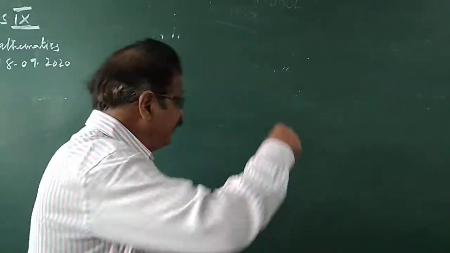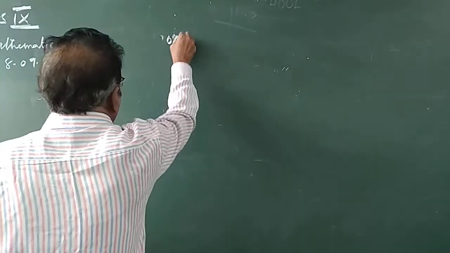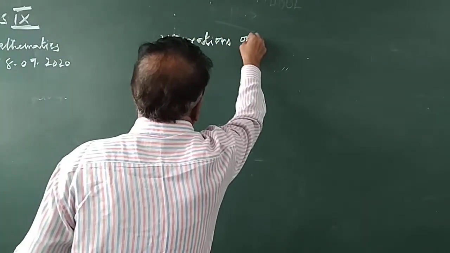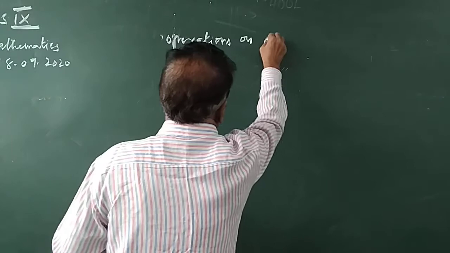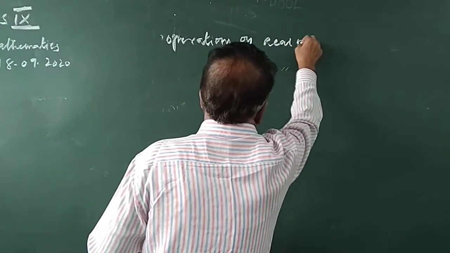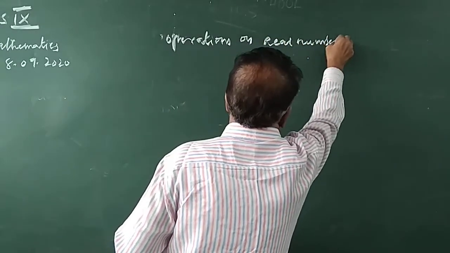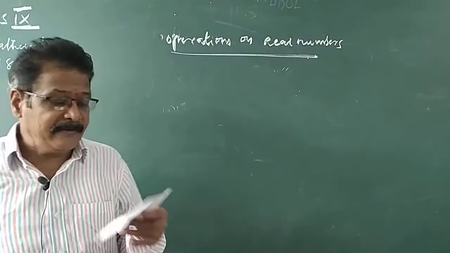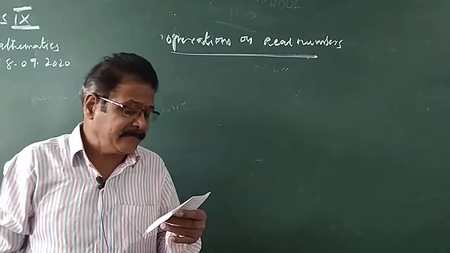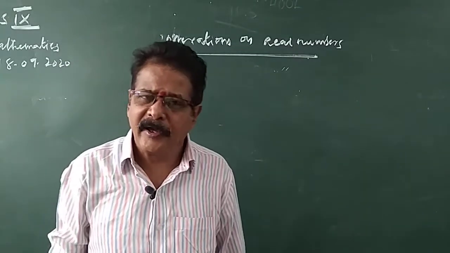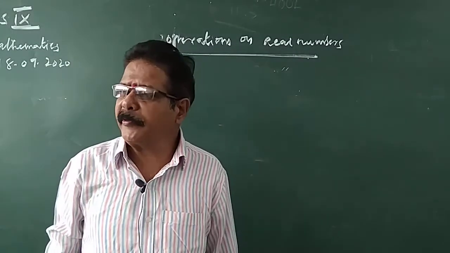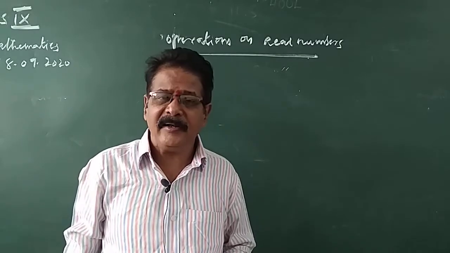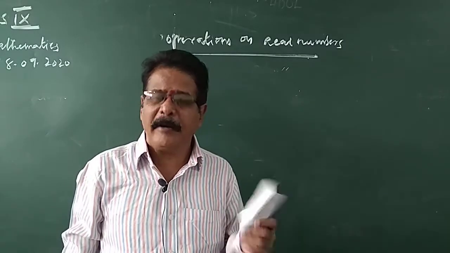So today let us see the operations on real numbers. We learned in the previous class that the rational numbers satisfy the commutative property, associative property, distributive property for addition and multiplication.